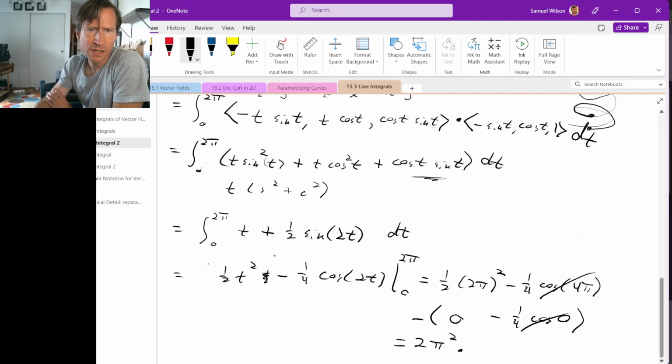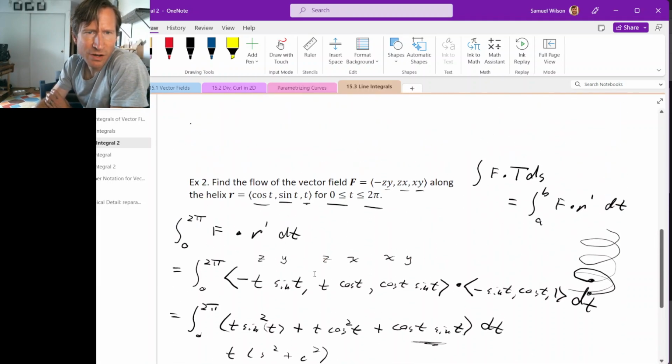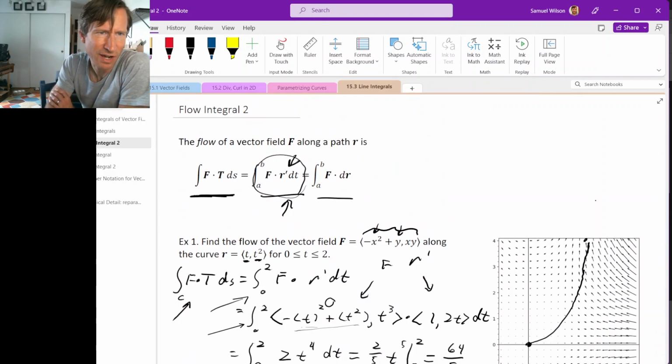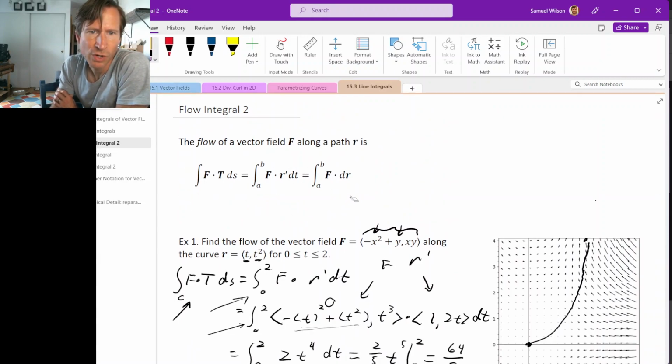One thing sort of weird about flow integrals is what the units turn out to be, right? Unless our vector field represents something in particular, how I usually think of a vector field is as a velocity field.